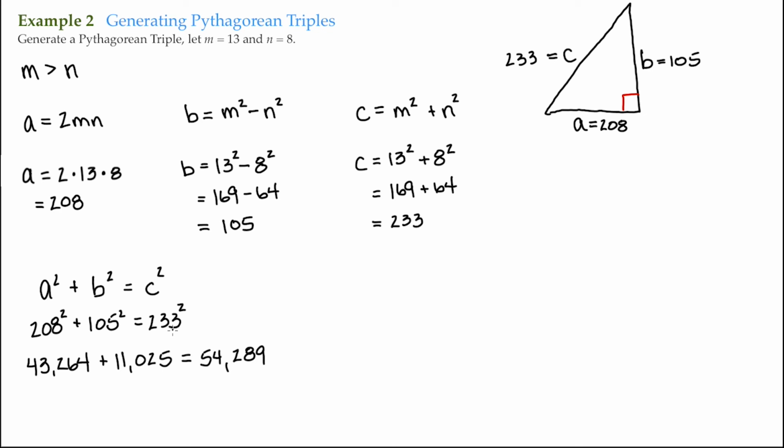And 233 squared is indeed equal to 54,289. So we generated a Pythagorean triple with two arbitrary numbers and using this pattern.